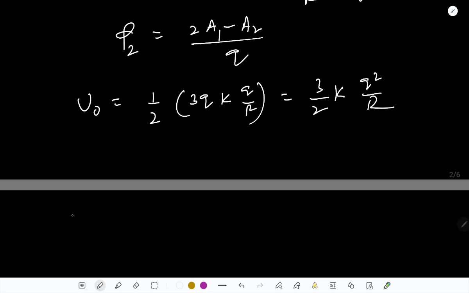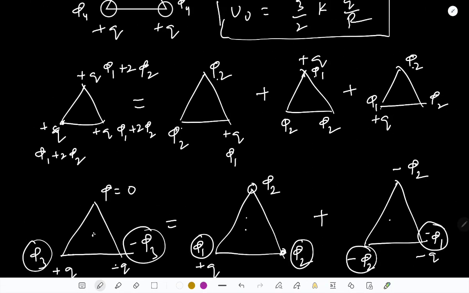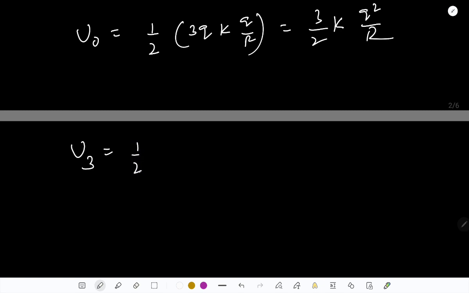Writing the final energy of the system as u3, because they all have charges there and their potentials, and they all have the same charges and same potentials. So the final energy of the system is going to be half times 3 times q, phi 1 plus 2 phi 2.